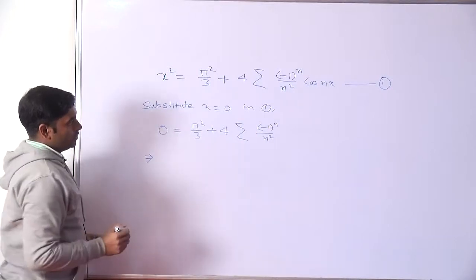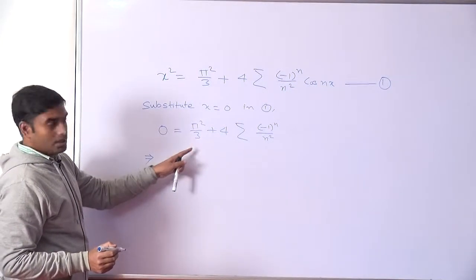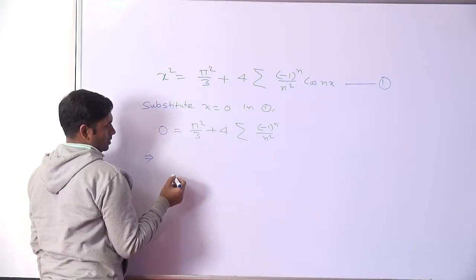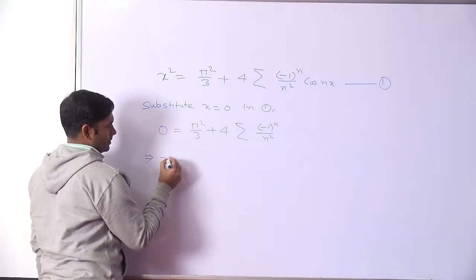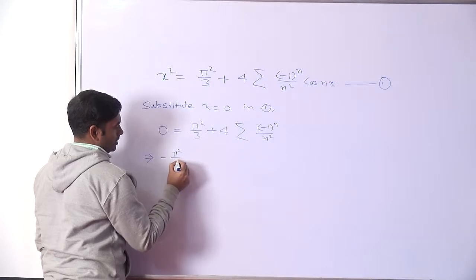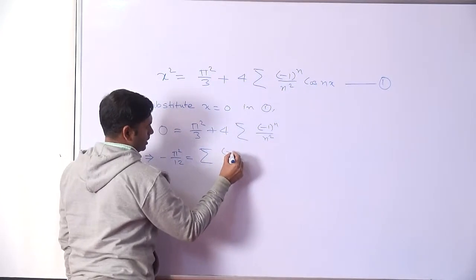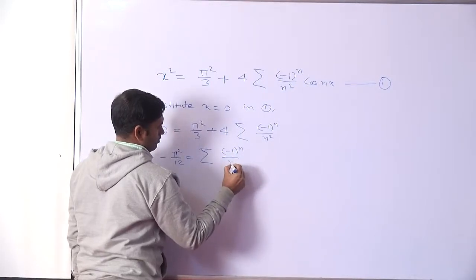Now if we take π²/3 to the left-hand side and divide by 4, it will be -π²/12 = Σ (-1)^n/n².